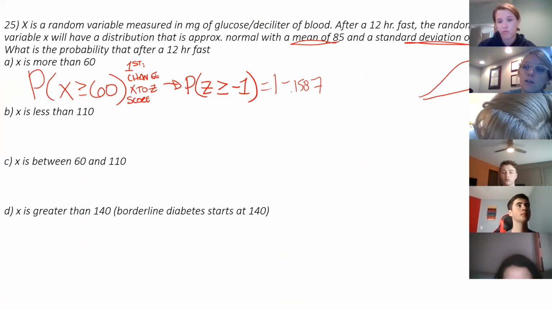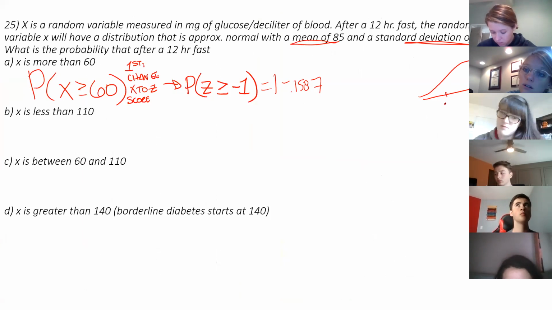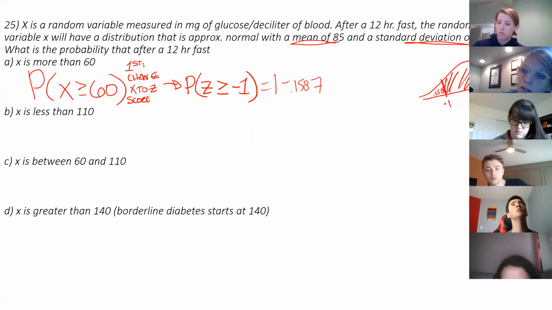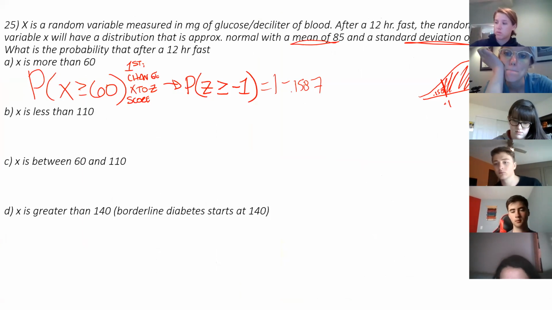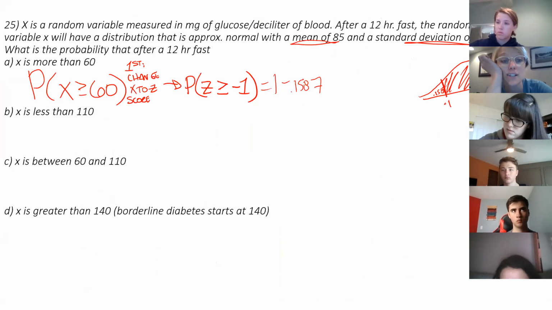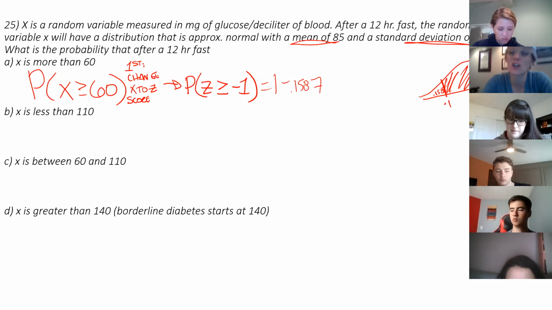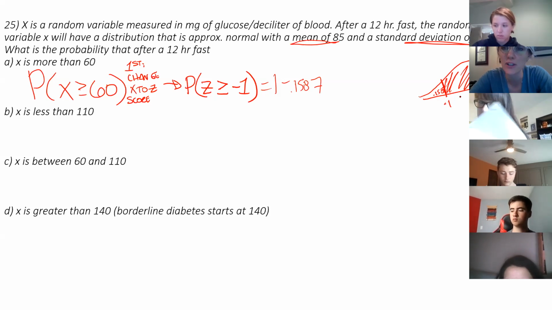How did she know it was to the right? Good question. How'd you know that, Hannah? Whenever it says more than or greater than, it's always to the right. And when it says less than, it's to the left. I remember it as less than is left, like two L's. It might also help to draw a normal curve: the value from the chart is always the area to the left.